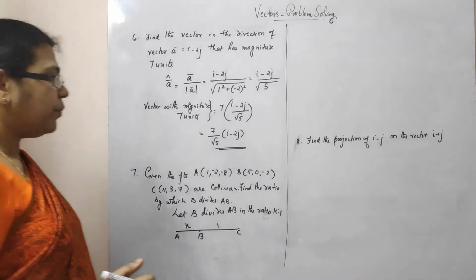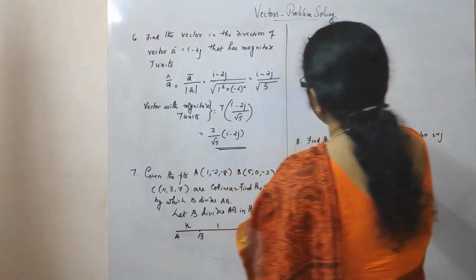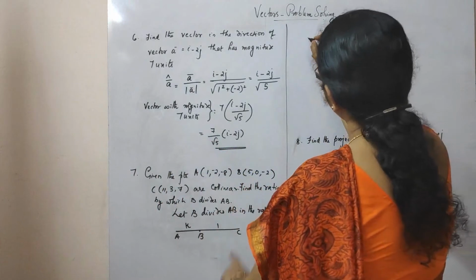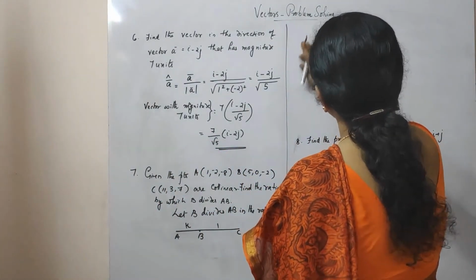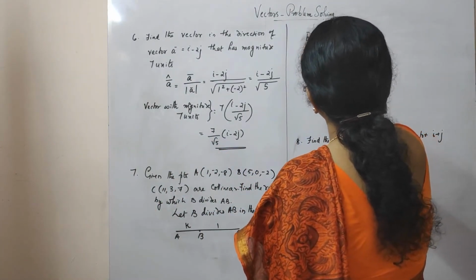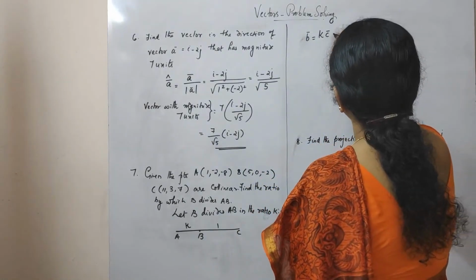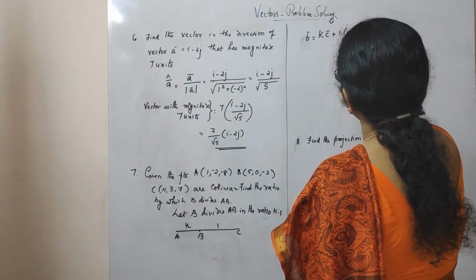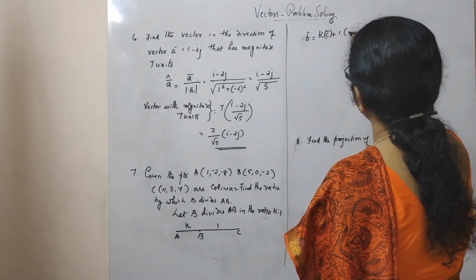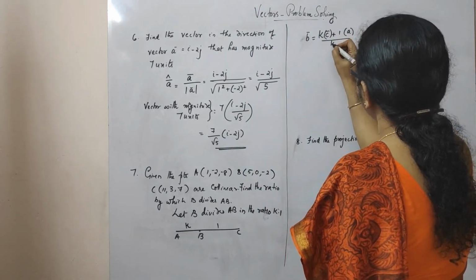So I can write the position vector of B as vector B equal to k into vector C plus 1 into vector A, by k plus 1.